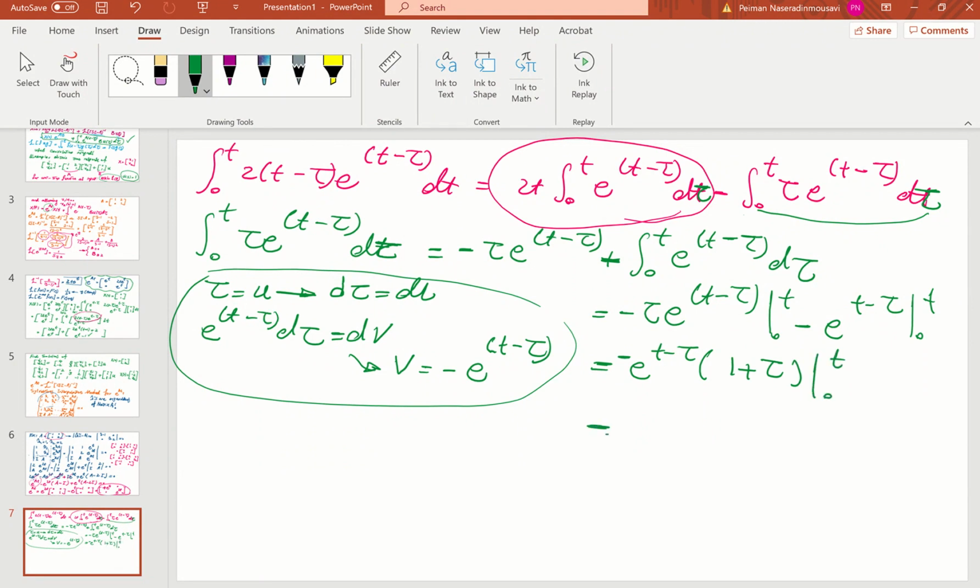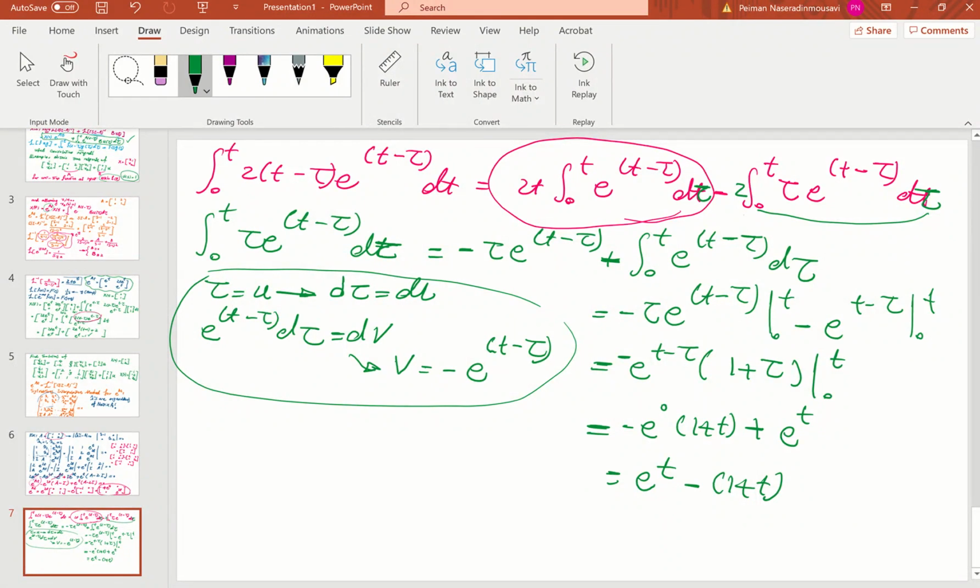Sorry, this is for this part only. So if you put t, it's going to be minus e^0 (1 plus t) minus plus e^t, and this is 1. Sorry. So what you're going to get is e^t minus, and here I forgot to put 2, so 2t, and minus 1 plus t. That's right. E to the power of t minus 1 plus t.